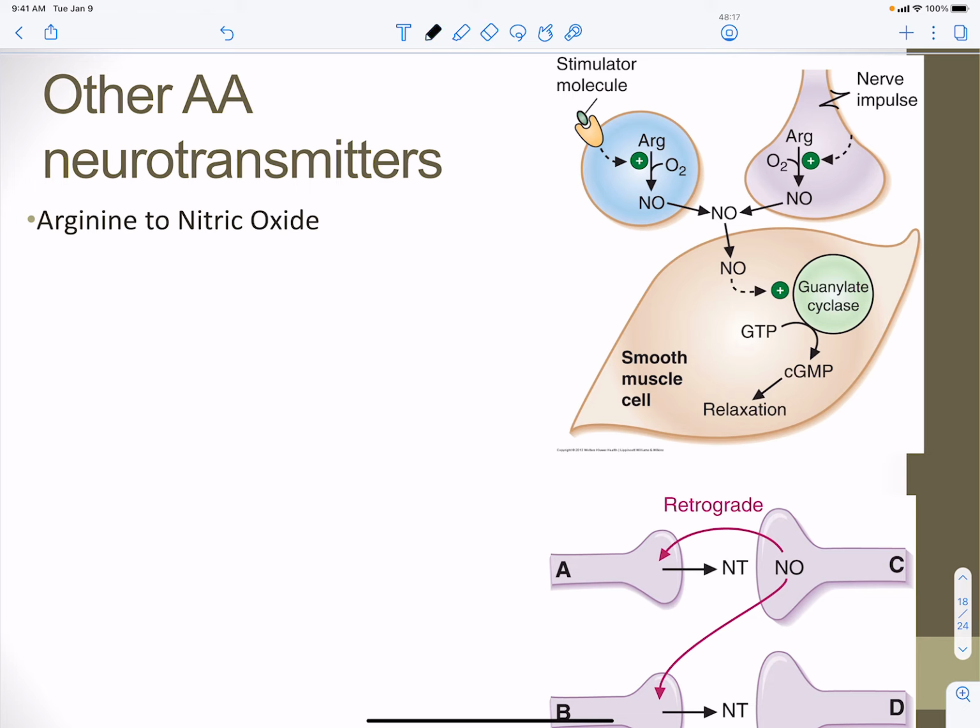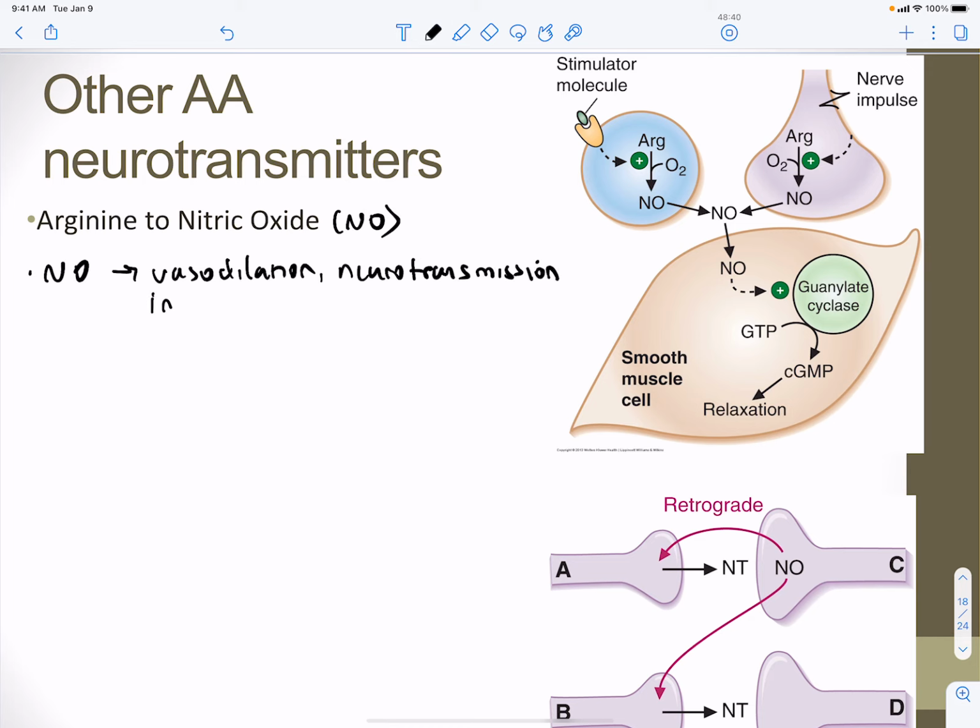So NO is going to have an impact on vasodilation, neurotransmission, as well as the immune system. And it's going to be synthesized from arginine via the nitric oxide synthase.